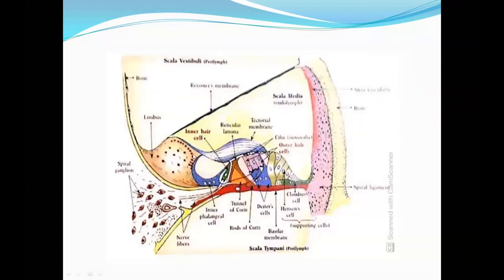The tectorial membrane is attached to the limbus on one side, that is medially, and laterally or outer side it is attached to the phalangeal cells. Outer phalangeal cells, also called Hensen cells and Claudius cells, are the supporting cells that support the outer hair cells.